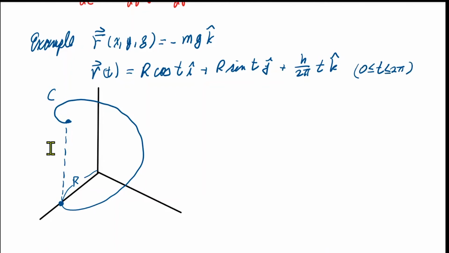I don't want this thing to be 2 pi. I want this thing to be h. So that if I put h over 2 pi, when I substitute 2 pi, that gives me the height of h.